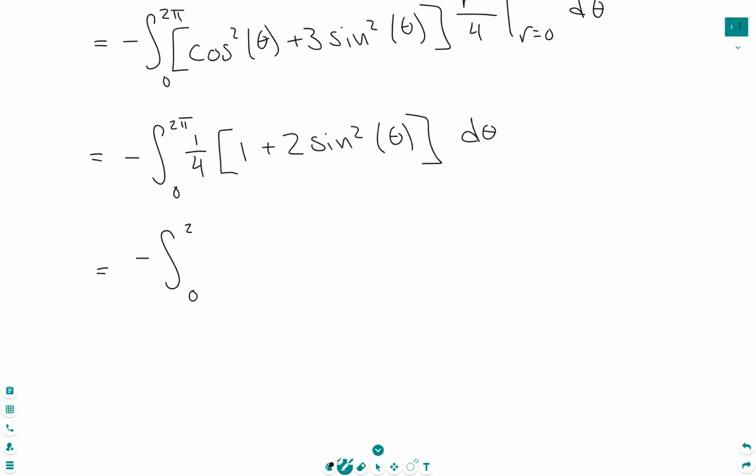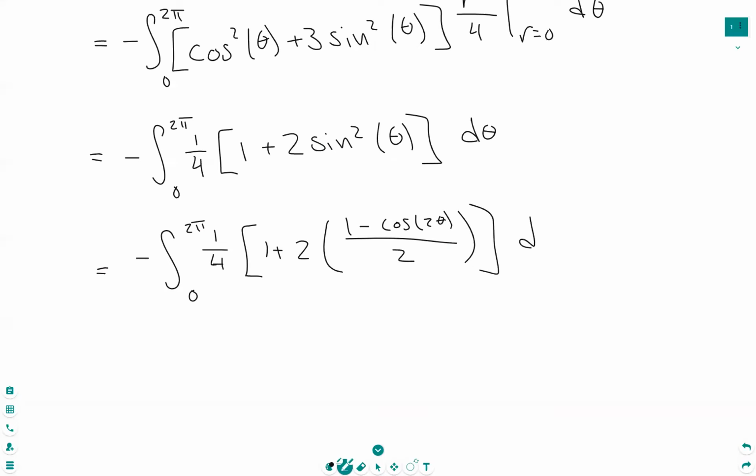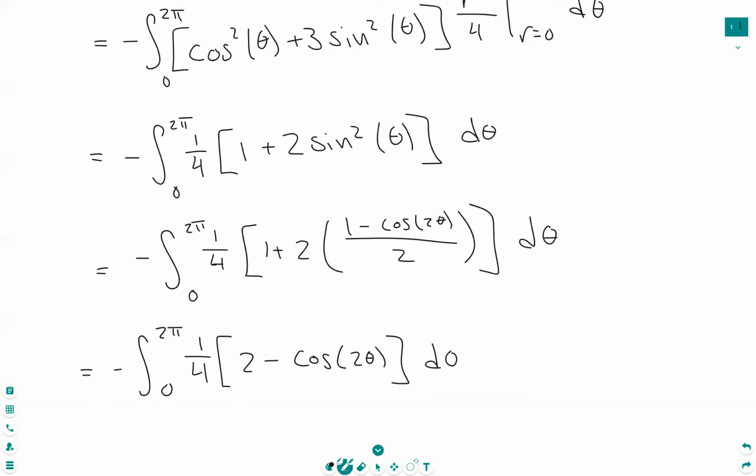Negative 0 to 2 pi, 1/4. Let's finish that 4. 1 plus 2 times (1 minus cosine 2 theta) over 2 d theta, or negative the integral from 0 to 2 pi, 1/4, 2 minus cosine 2 theta d theta.